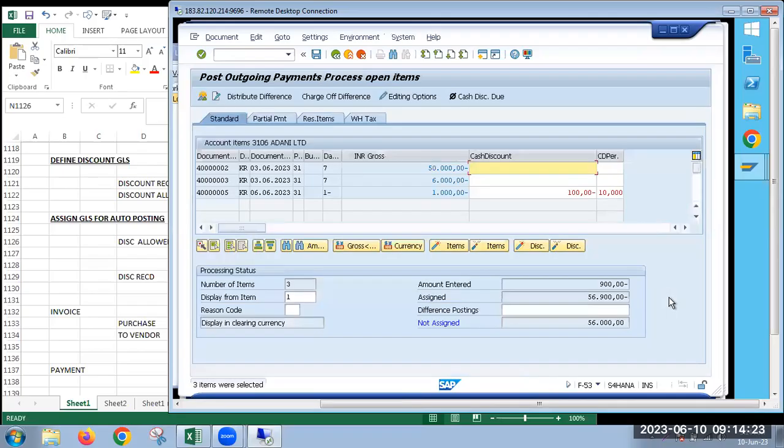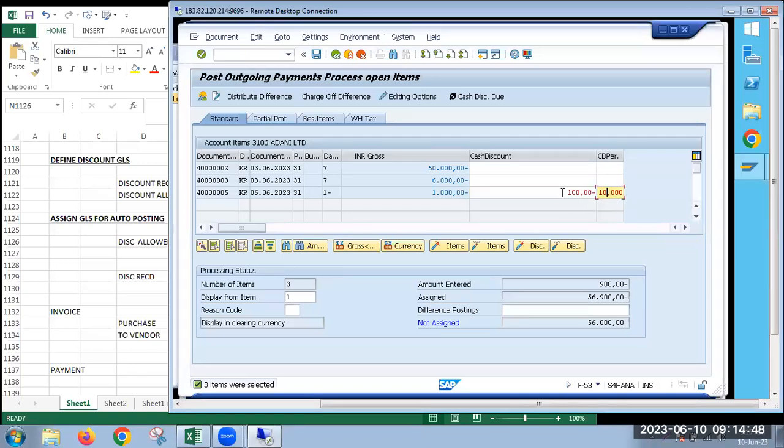And when you process the open item, you can see the discount available here. Again, we can edit here. Without this configuration, all the payment term and the discount rate were still editable. Manually, we can specify how much cash discount, by figure or by rate.